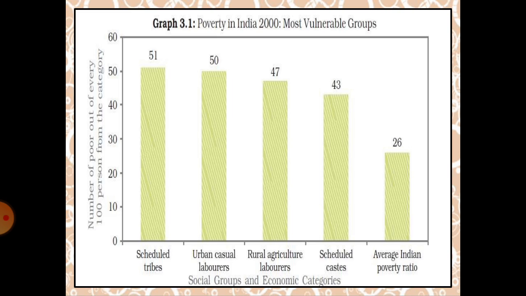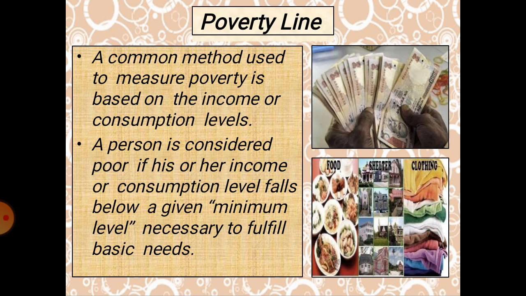This is how it was in the year 2000. Now let us see about the poverty line. So what is this poverty line? At the center of the discussion of poverty as an issue, you can find the concept of the poverty line.